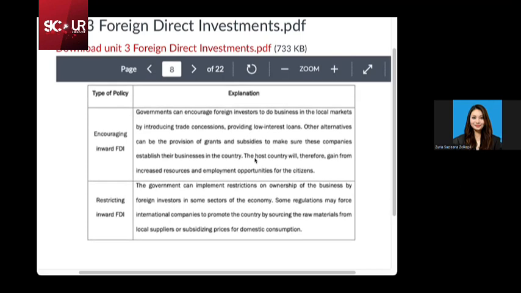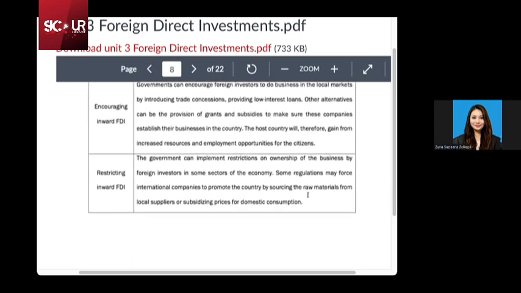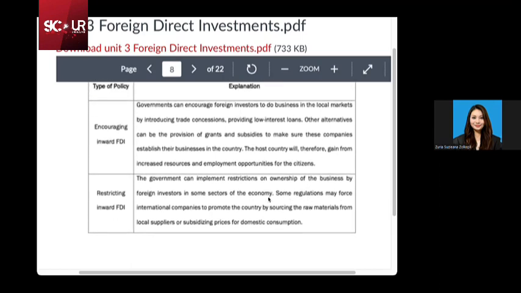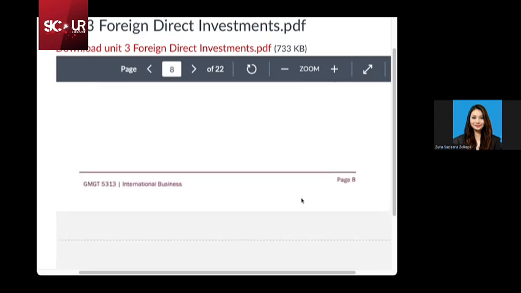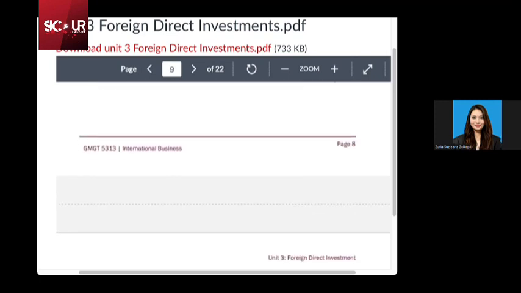Then the government can implement restrictions on ownership of foreign businesses in some sectors of the economy. Okay, so I have this video, but this one is not really talking about policy, but what they do in Greece to attract investors. But it is actually at the end of the video, so I will.